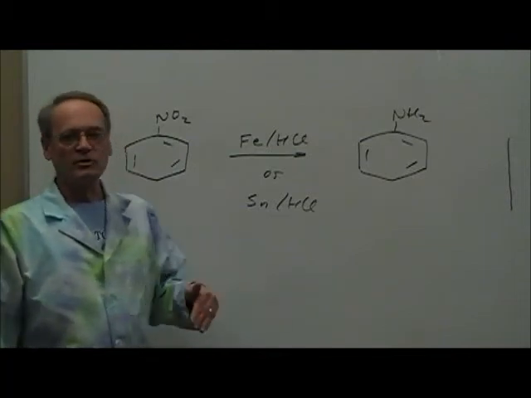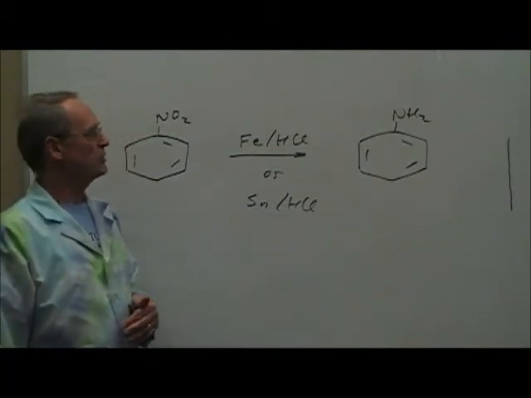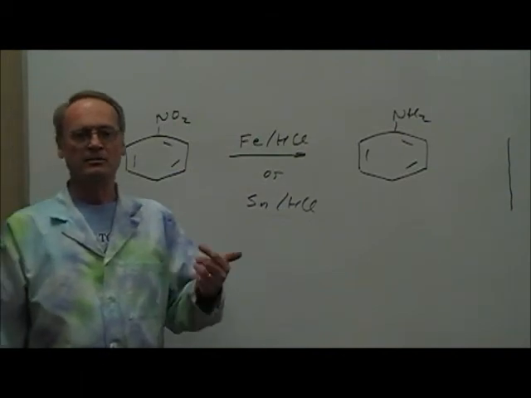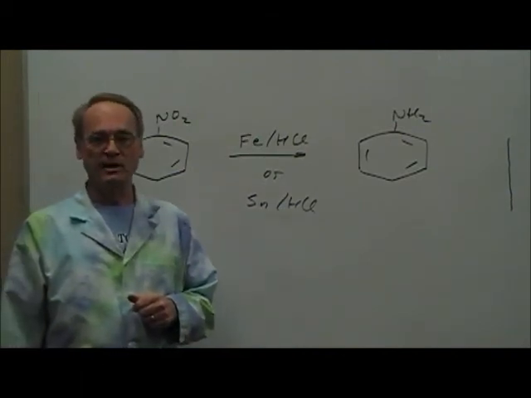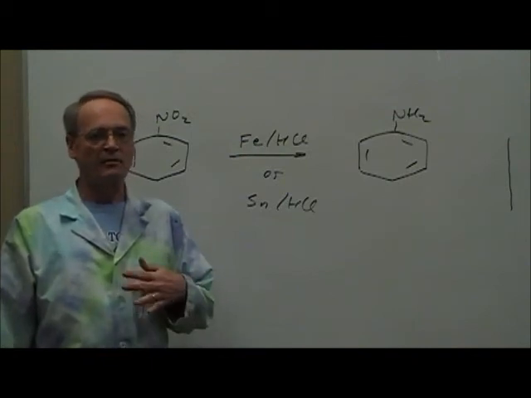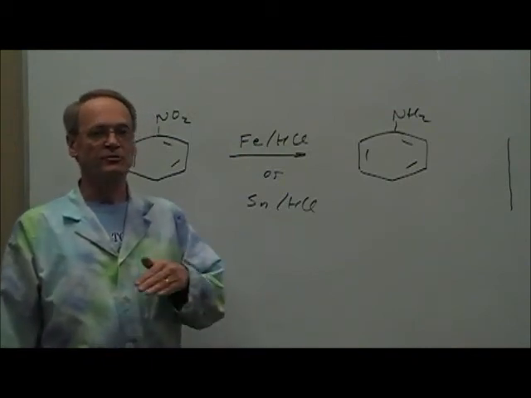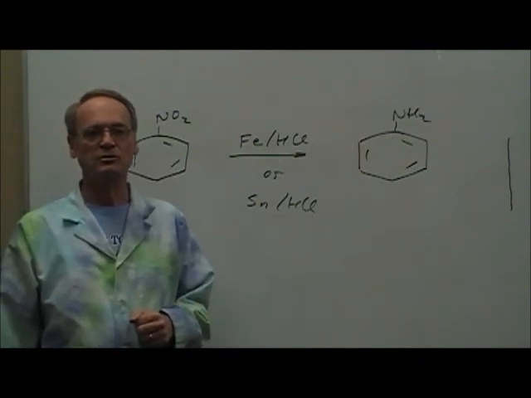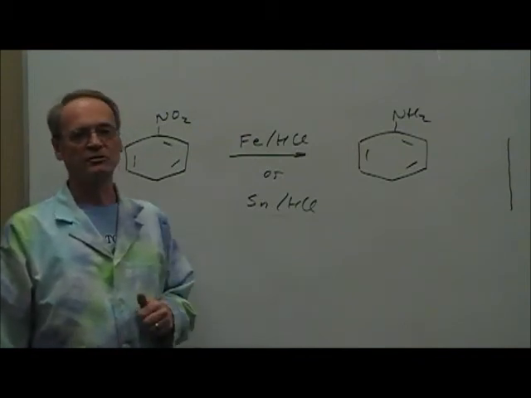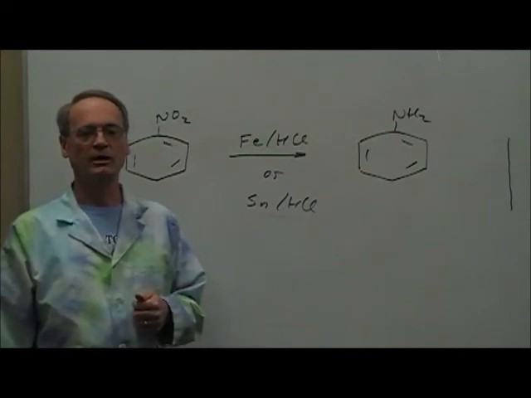The second and third ones were reductions, in which the reducing agent is a metal: tin, iron, or in the second reaction, zinc. Remember, metals themselves, not ionic compounds, are reducing agents because they want to give away electrons. That's what makes them reducing agents. And so the second and the third reactions are reductions. The first reaction was an oxidation.